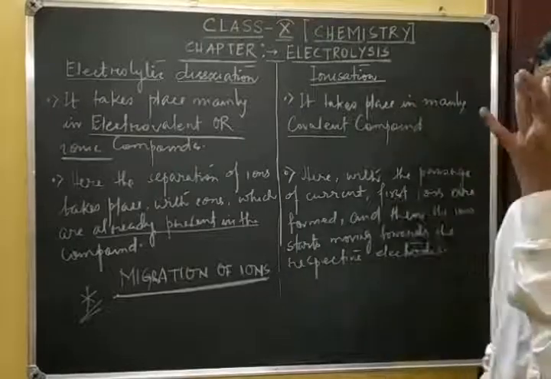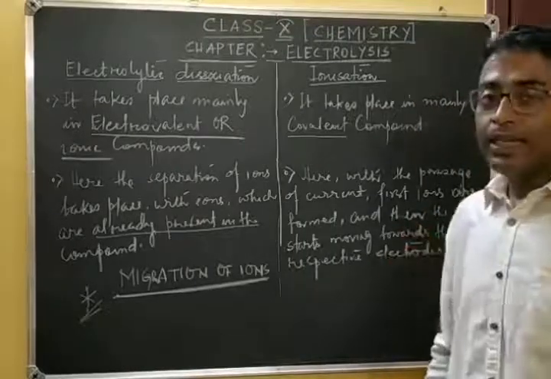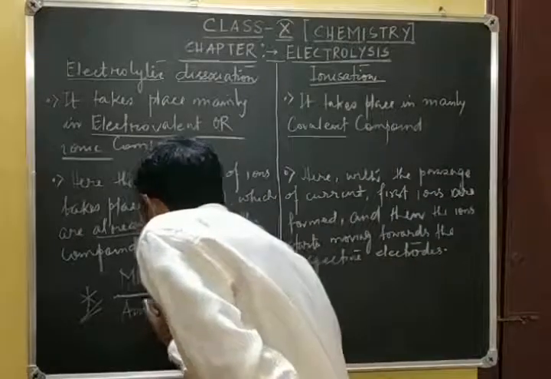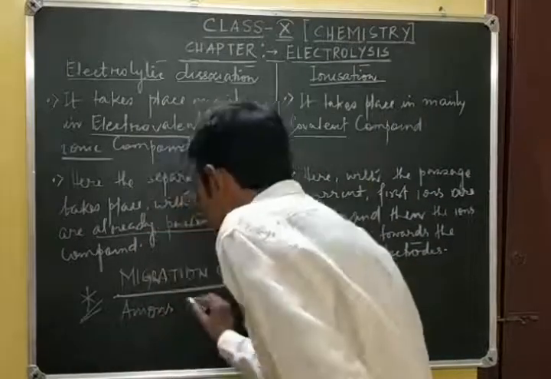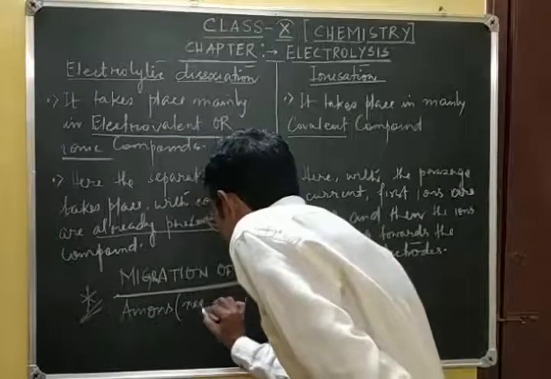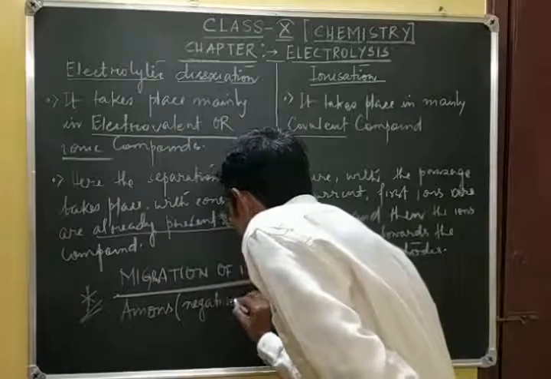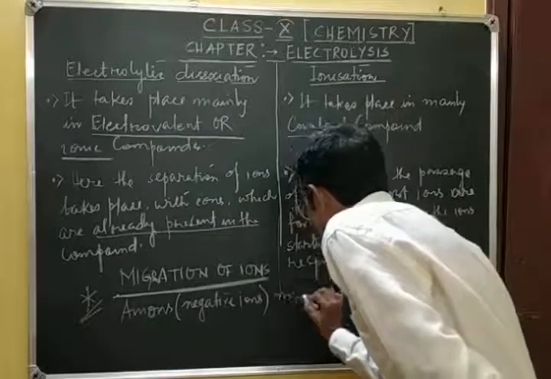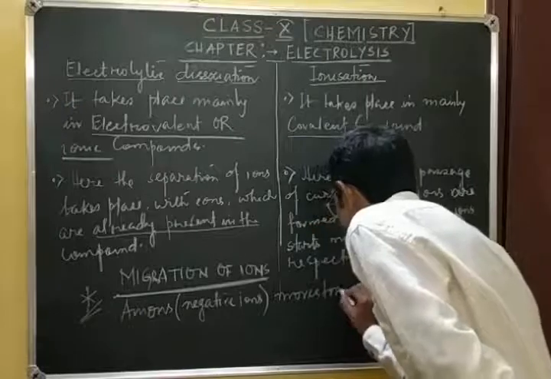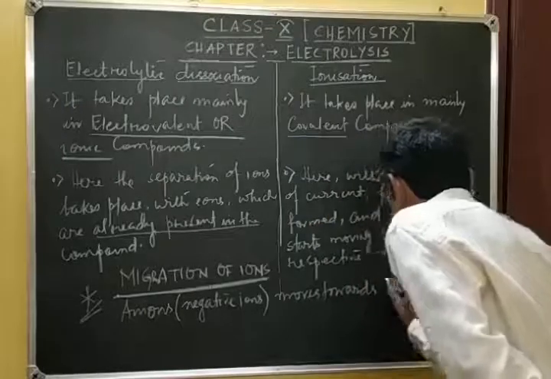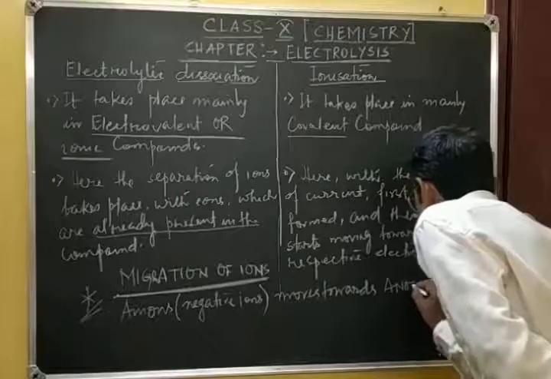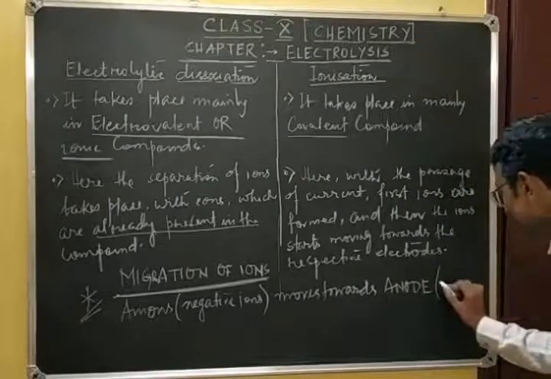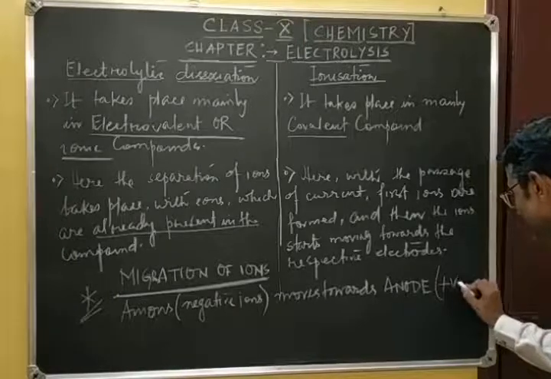Many students find it very difficult to remember this. So remember, anions are negative ions. Negative ions move towards the anode. Anode is the positive terminal.